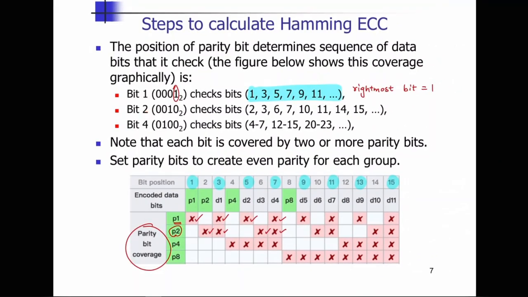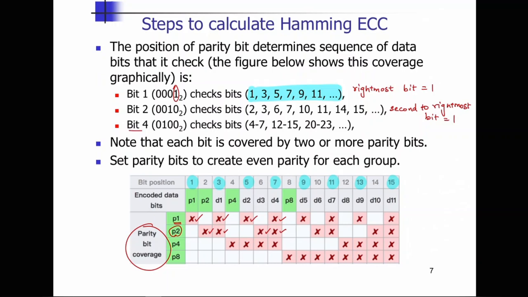Bit 2, which is 0010, that stands for 2, checks the bits 2, 3, 6, 7, 10, 11, and so on. And as you might imagine, over there the rightmost bit was 1. Over here, the second to rightmost bit is 1.